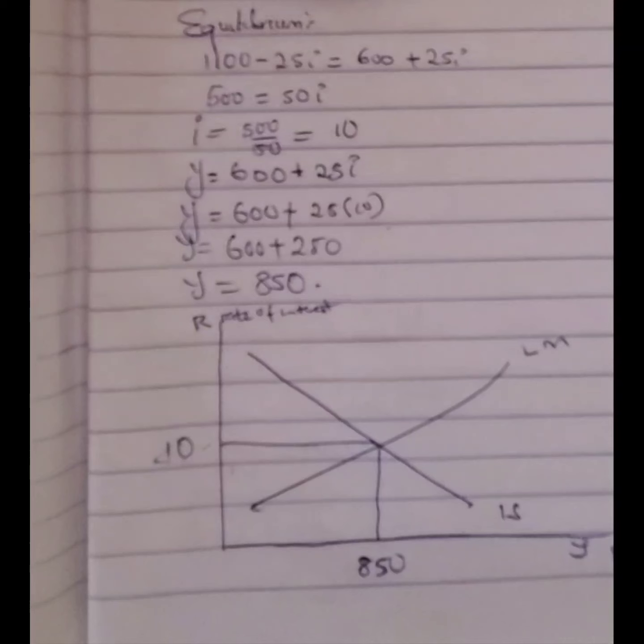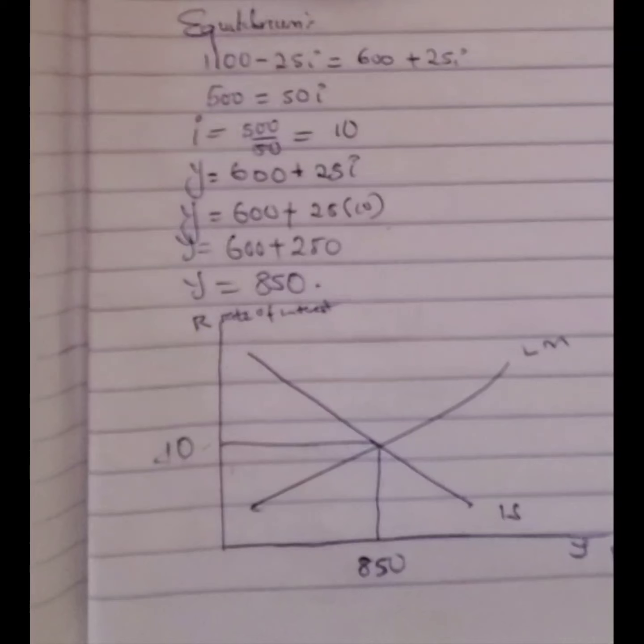Making i the subject of the formula, we'll have 500 over 50, which is equal to 10. So you can use that as 10% or 10, whatever you want it to be. Then to get the value for our y, you pick either the IS curve or the LM curve to work out the value for y.